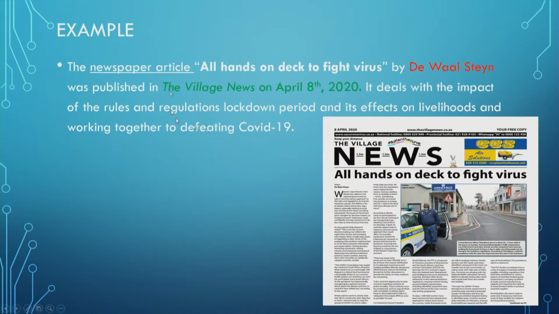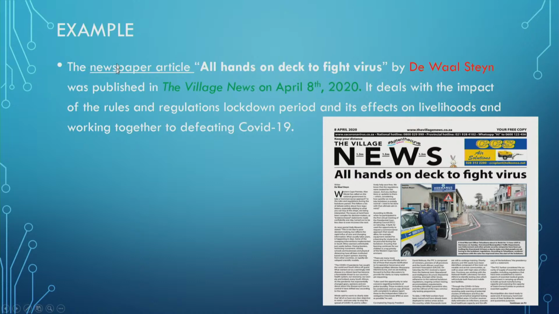The example here, we're going to say the newspaper article, it is my text type. All hands on deck to fight virus, this is the title, right? So the newspaper article, all hands on deck to fight virus, by the Val Steyn. Can you see? So the author was published in the Village News on April 8th, 2020.